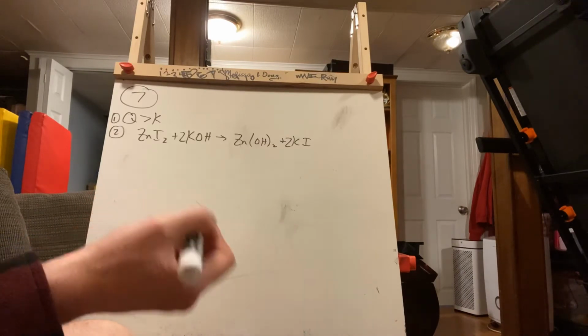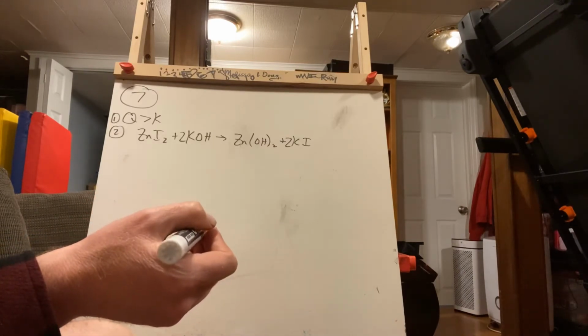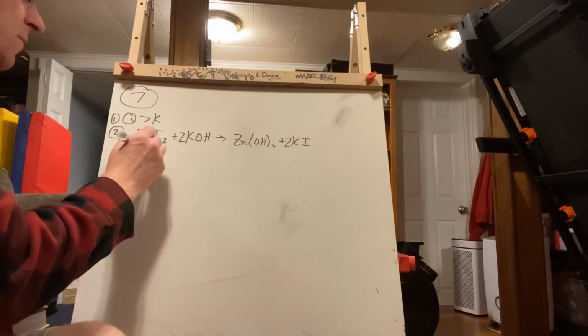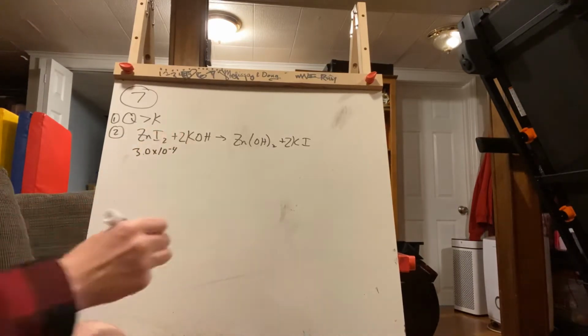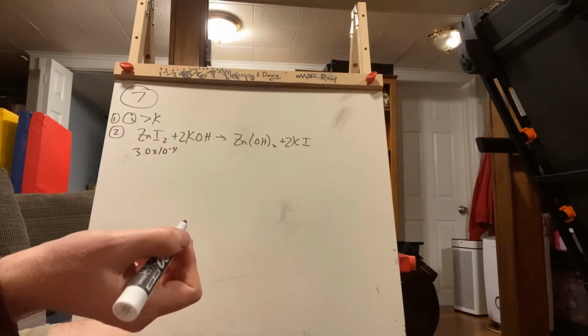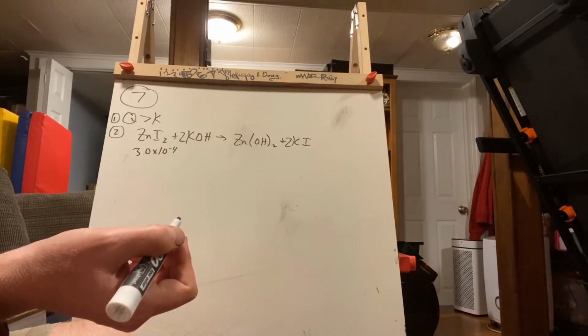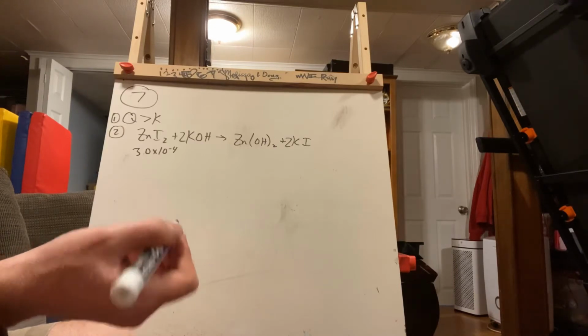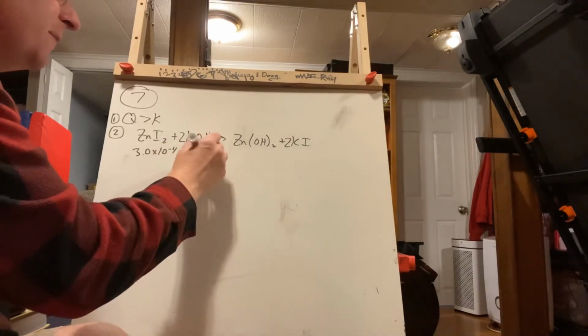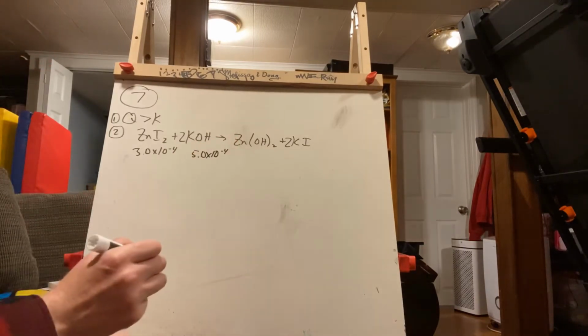So our original moles of ZnI2 is 3 times 10 to the negative 4th. That's just molarity equals moles over liters. And then our KOH is 5 times 10 to the negative 4th.